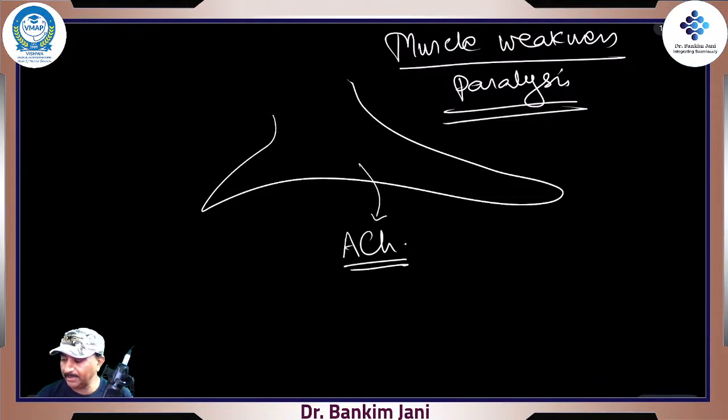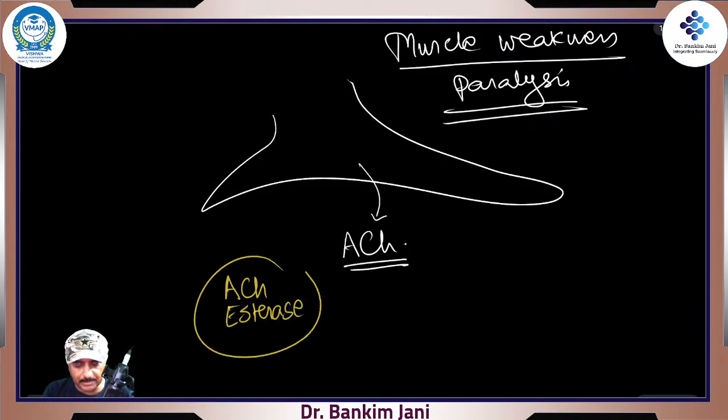That's why in our body there is always a control mechanism: acetylcholine is released, it starts acting, and immediately acetylcholinesterase comes into the picture and deactivates this acetylcholine. Okay, your function is over, no more, stop. So that gives a nice control.